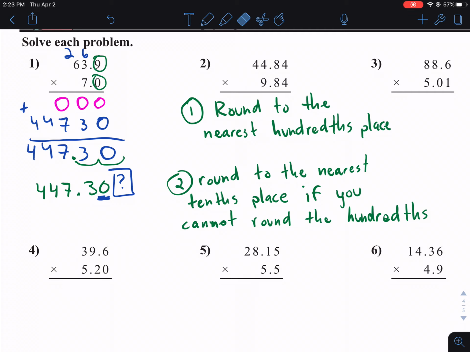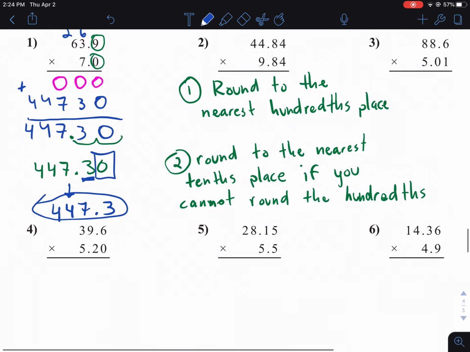So we're going to round to the tenths place because you cannot round the hundredths. So 3 is in your tenths, and now we look at 0. Is 0 bigger than 5 or smaller than 5? It's smaller, so it stays the same. So my answer is 447.3.